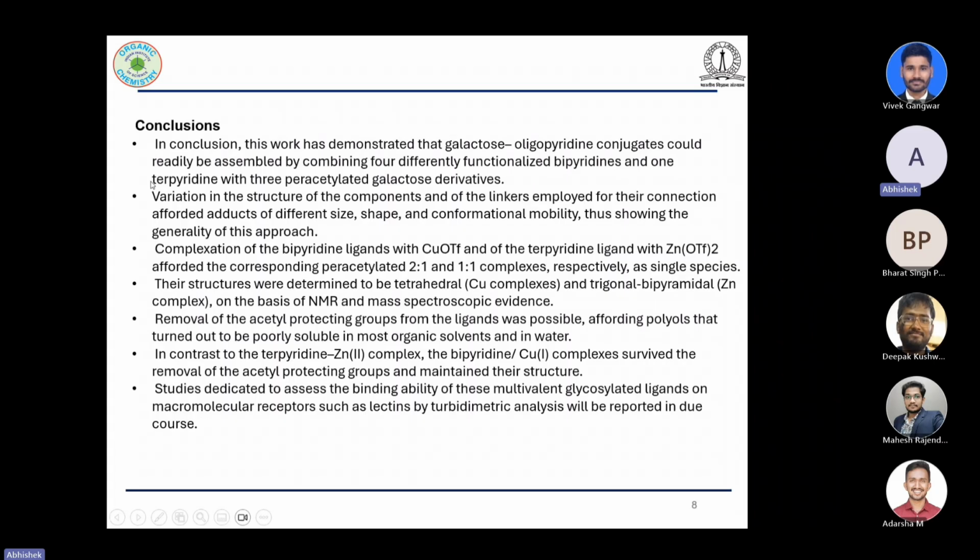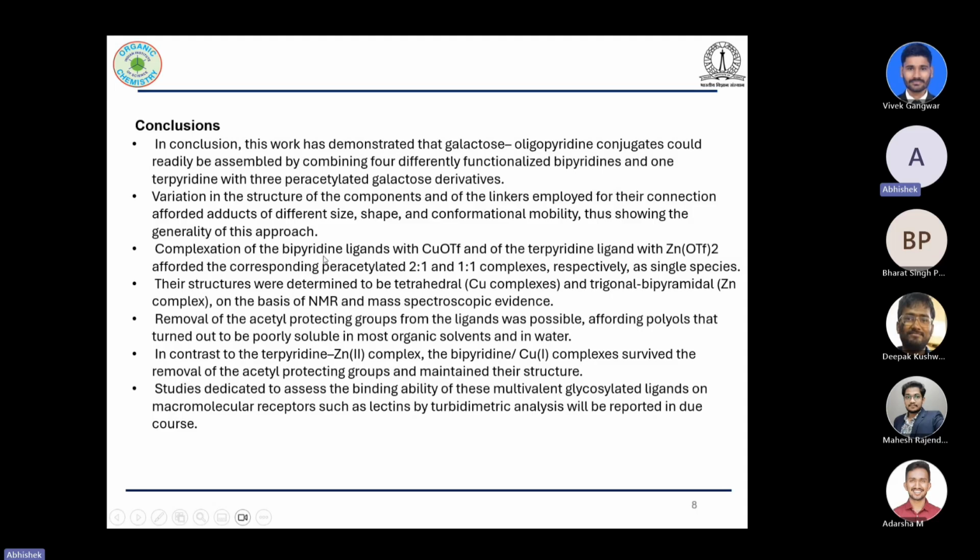In conclusion, this work has demonstrated that galactose oligopyridine conjugates could readily be assembled by combining 4 different functionalized bipyridines and 1 terpyridine with the per-acetylated galactose derivatives. Variation in the structure of the components and of the linker employed for their connection afforded adducts of different size, shape, and conformation, thus showing the generality of this approach.